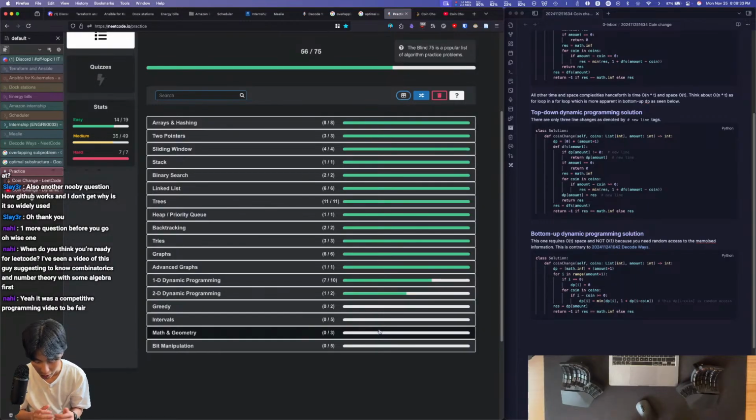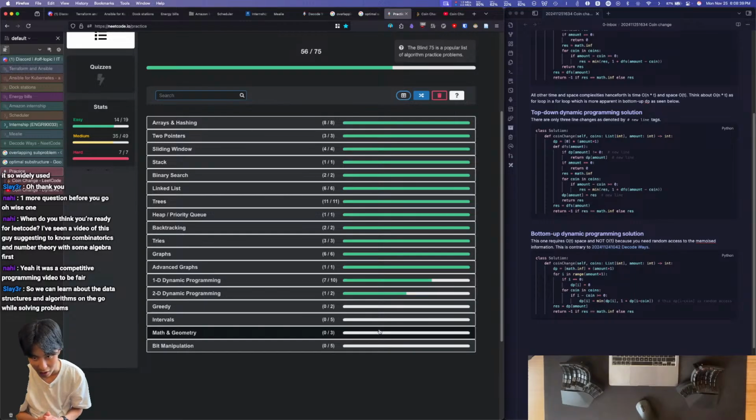So we can learn about data structures and algorithms on the go while solving problems. Exactly. That's what I was telling Moad, who's in our Discord server. He wanted to know how you would learn DSA while doing Leetcode. It's literally just do Leetcode, and in the process you'll come across these data structures and algorithms.